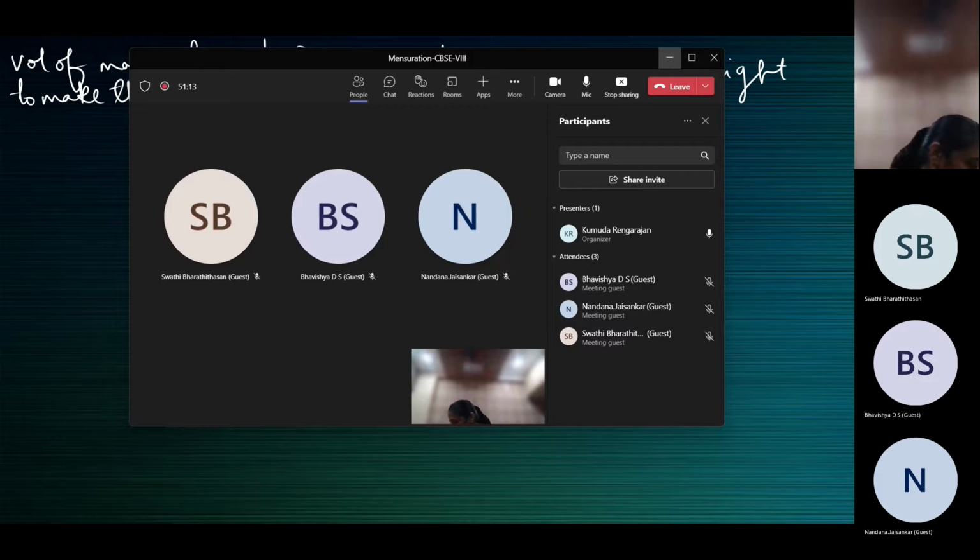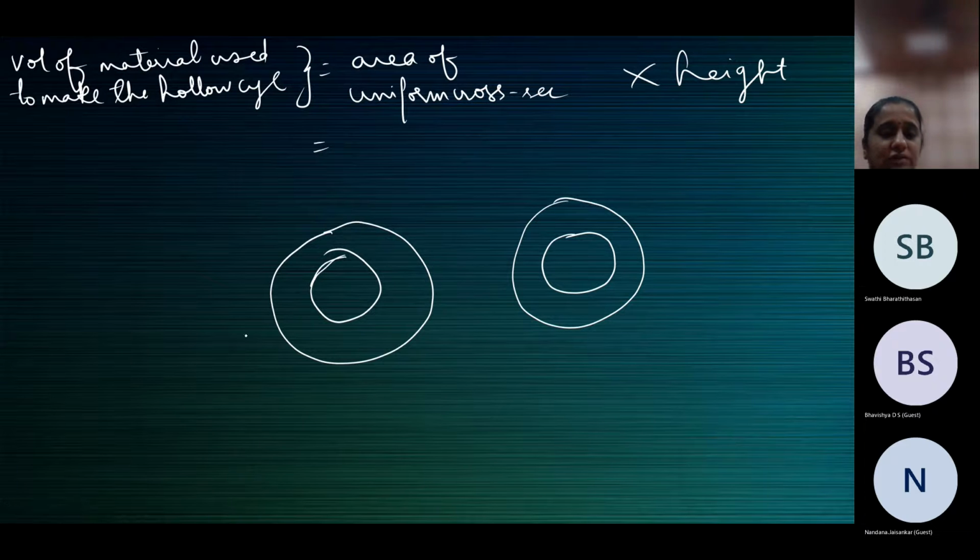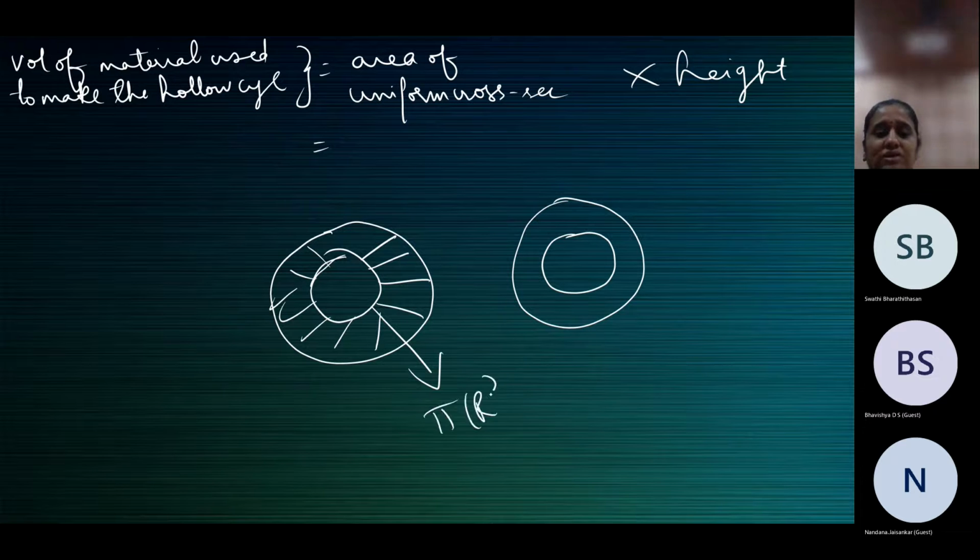So the cross section of a hollow cylinder is a ring, and the area of a ring is pi (R square minus r square). The area of this portion is pi (R square minus r square). So that's the area of the cross section.